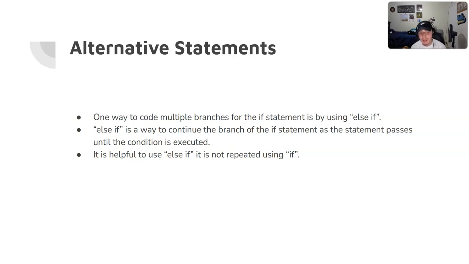It is helpful to use else if as long as you don't want to repeat the if statement. Else is the only one that you cannot repeat. It's the last statement used. Else if you are able to code multiple times in one branch. If as well, but there are certain cases where that code could not be passed on.